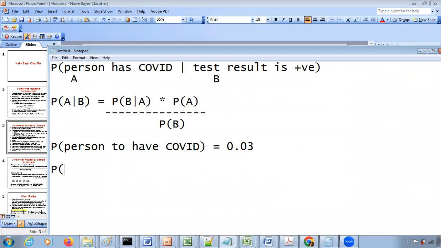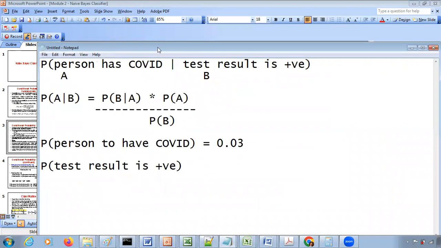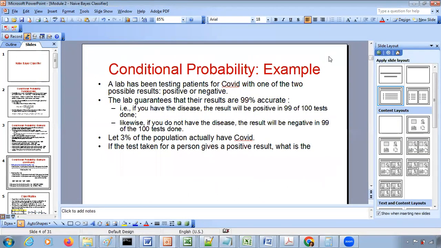But the probability that the test result is positive is not given right away. So what we have to do is compute that using the formula that we saw at the end of the previous slide.